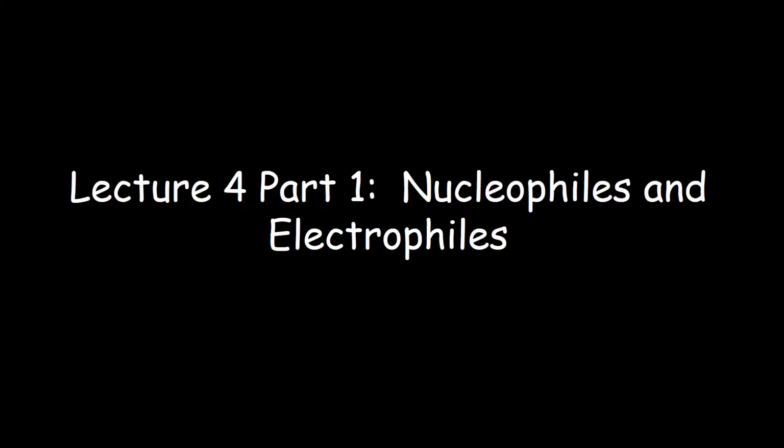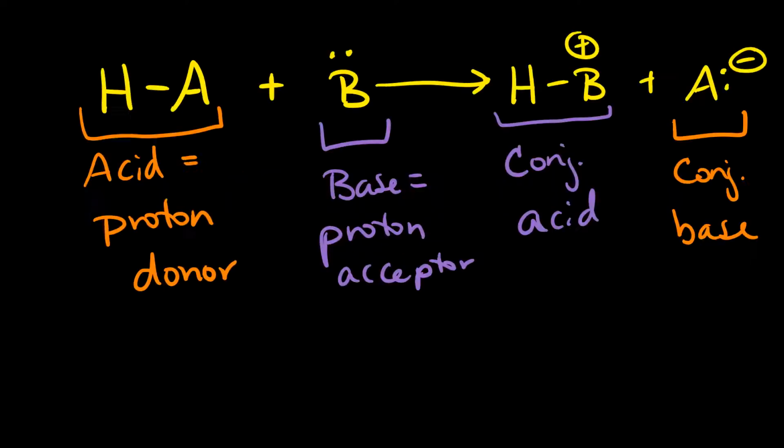In this video, we are going to extend our definitions of acids and bases and learn about what we call nucleophiles and electrophiles. Up until this point, we've been talking about an acid reacting with a base to produce a conjugate acid and a conjugate base, and the acid was always the proton donor, right?